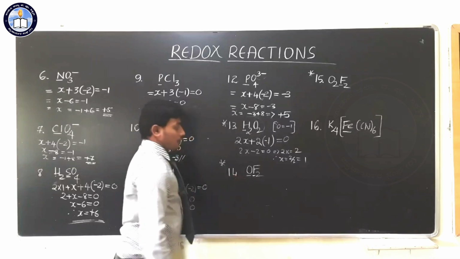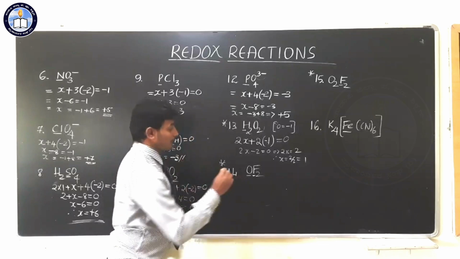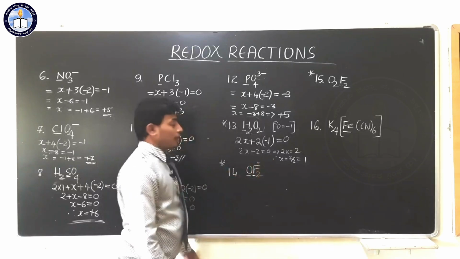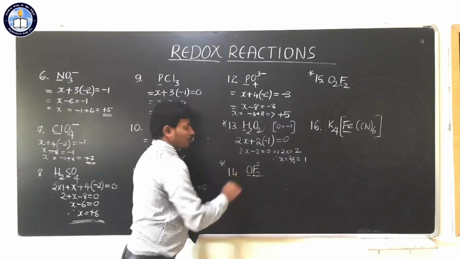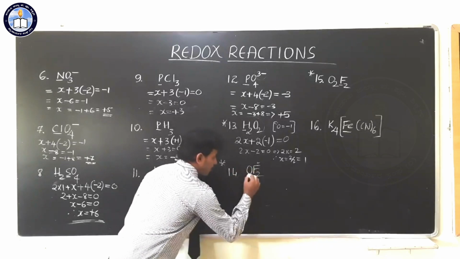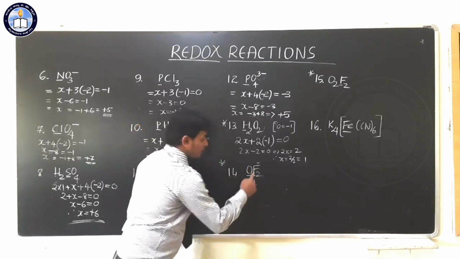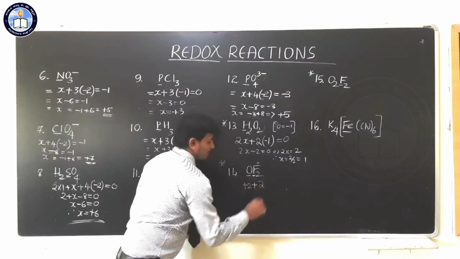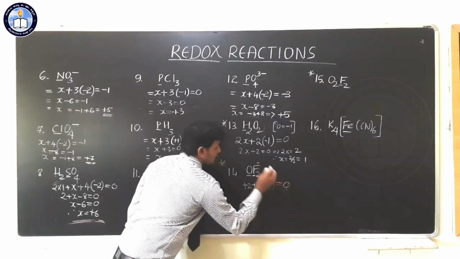But here oxygen equals +2, because it forms a bond with F, which is highly electronegative compared to oxygen. Hence we take oxygen as +2. There are 2 F, so 2 into x equals 0. No charge is there.